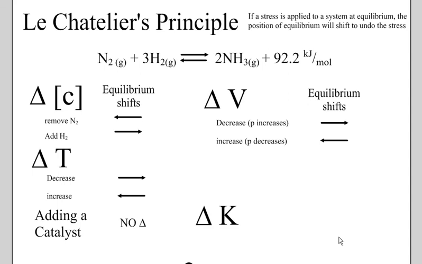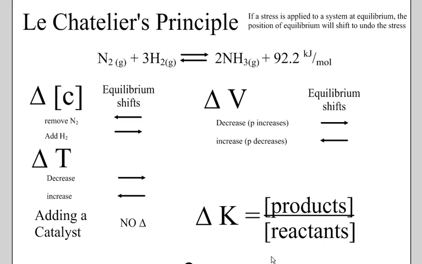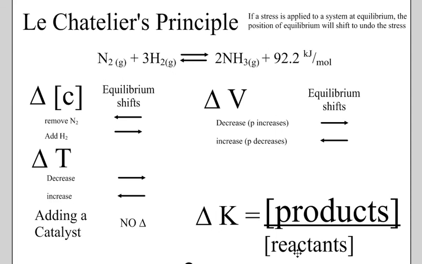The very final question you'll often get with Chatelier's Principle deals with K. And you need to remember that K is products over reactants. So if you cause equilibrium to shift so that it favors products, that means that your products' concentration are going to increase and your reactants will stay relatively the same.